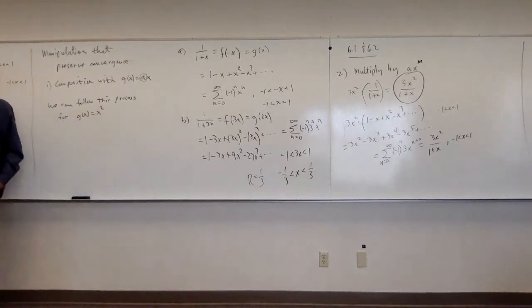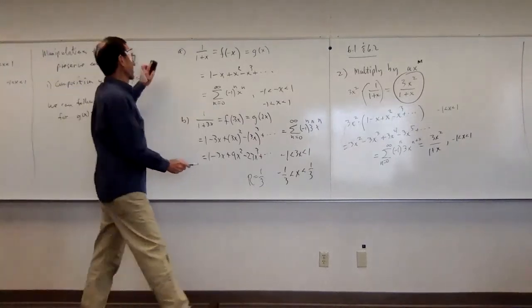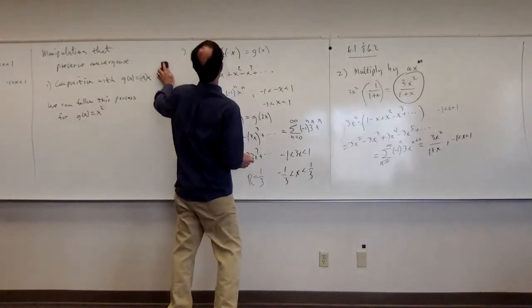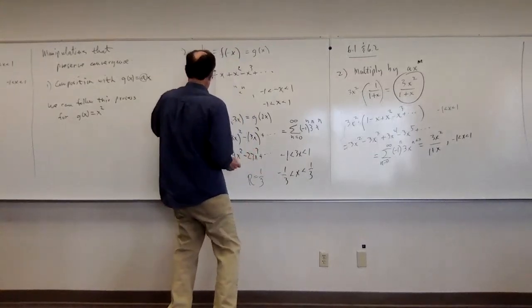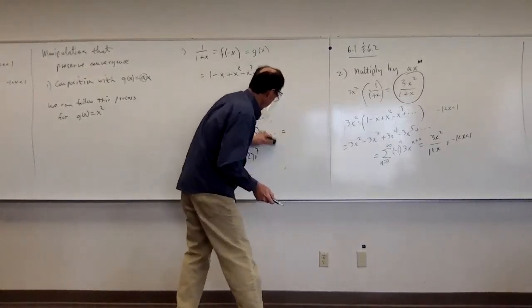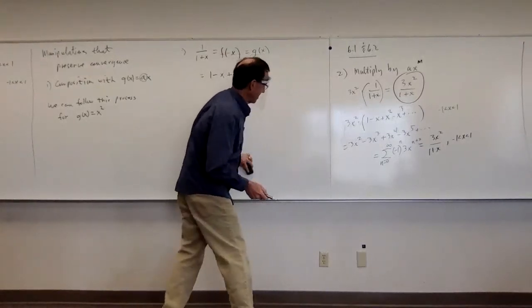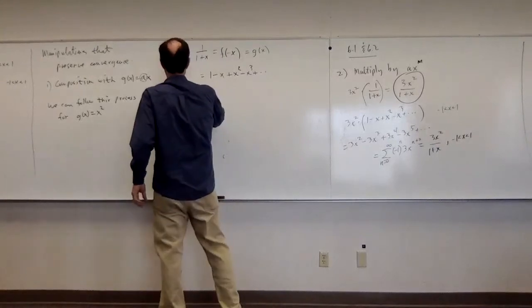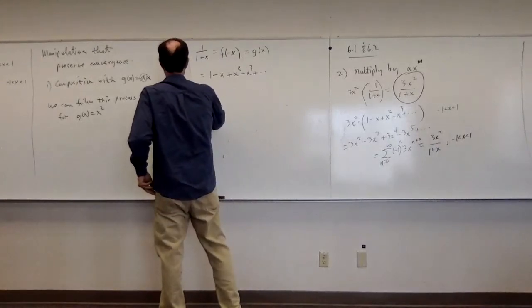For any power, actually. I'm going to illustrate for x squared because I have one more I want to write over here on the important category. I'll leave this because we're going to use it for the next example.